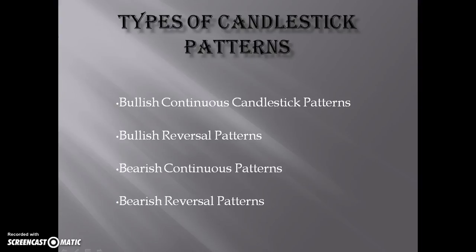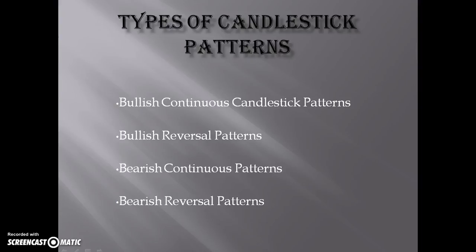Now, bearish continuous patterns also tell that an existing downward trend is going to continue once this pattern forms. So it indicates that if the market is already in a bearish mode, in a downward trend, it's going to continue in that trend for quite some time.